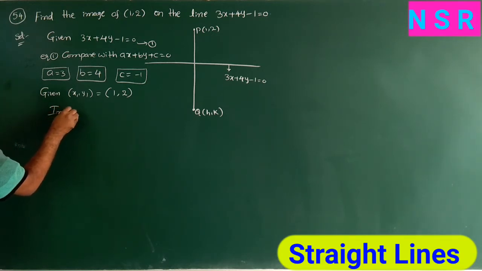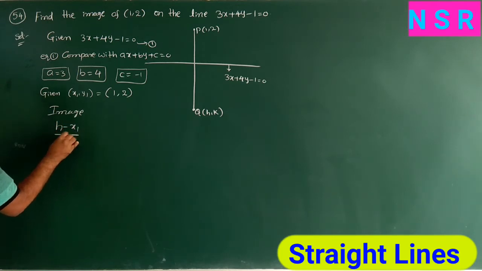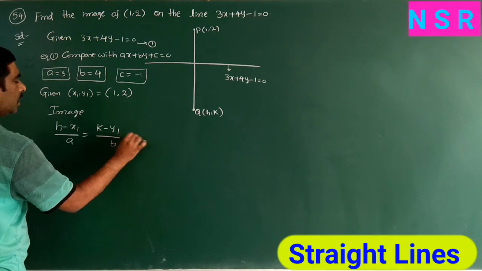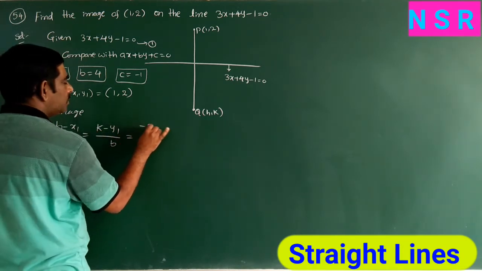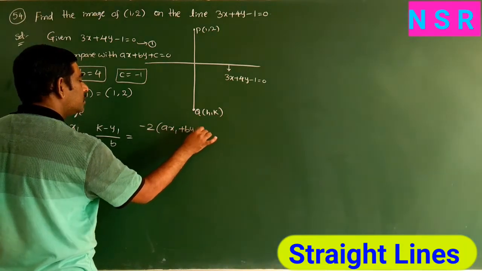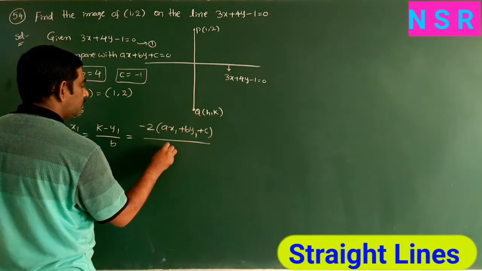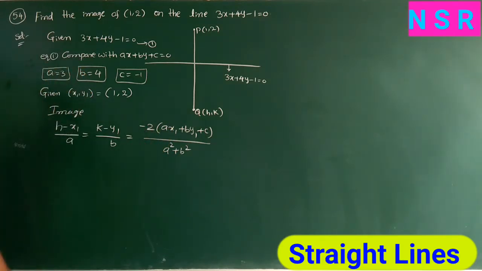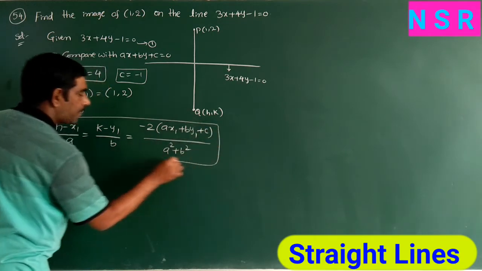Now image is h minus x1 by a equal to k minus y1 by b equal to minus 2 into (a x1 plus b y1 plus c) by a square plus b square. So this is the formula of image. Now substitute the values and find h comma k.